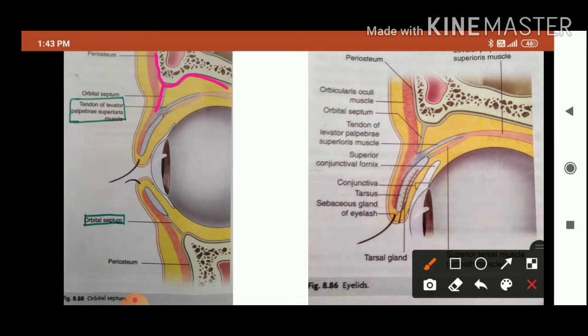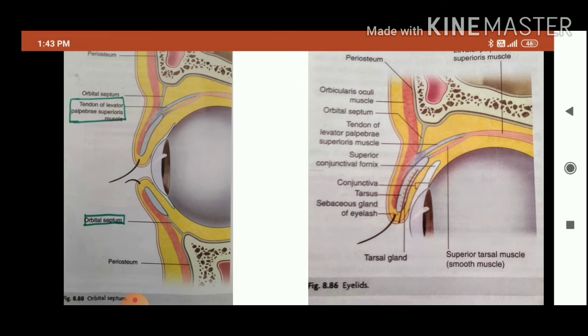Followed by the orbital septum, we have the tarsus. What do we mean by tarsus? Remember that the tarsi are deep connective tissue. They are attached laterally and medially with the help of the lateral palpebral ligament and the medial palpebral ligament.